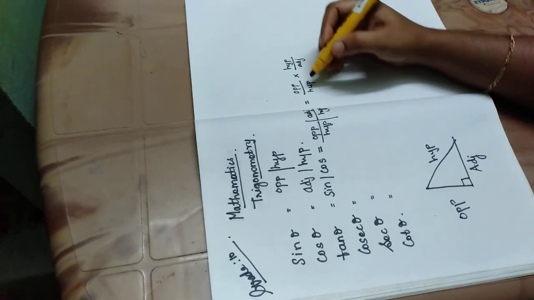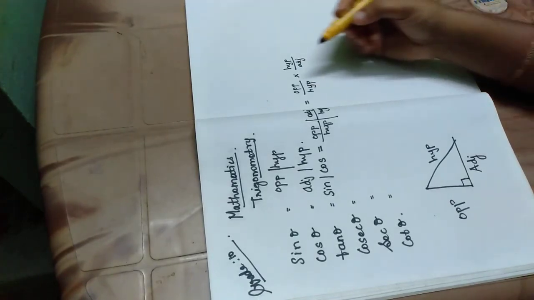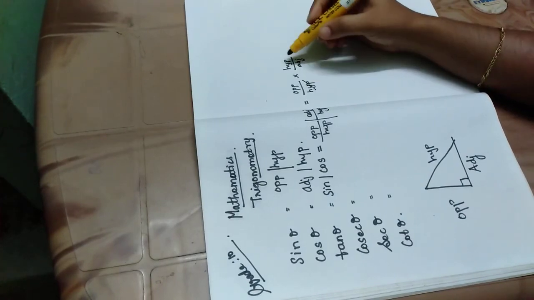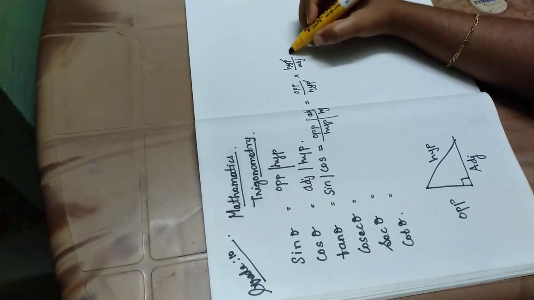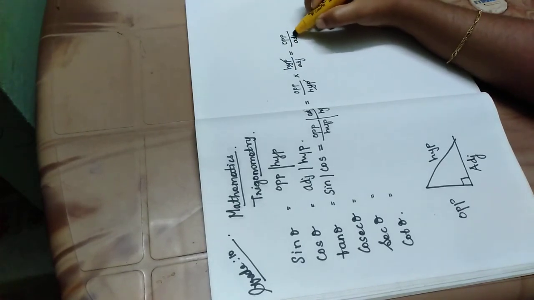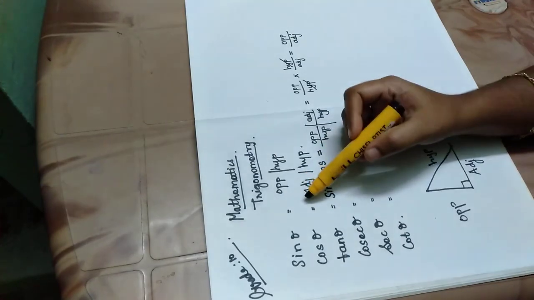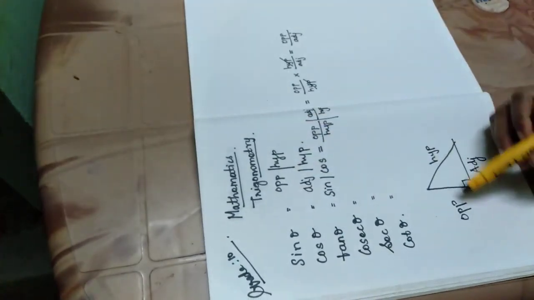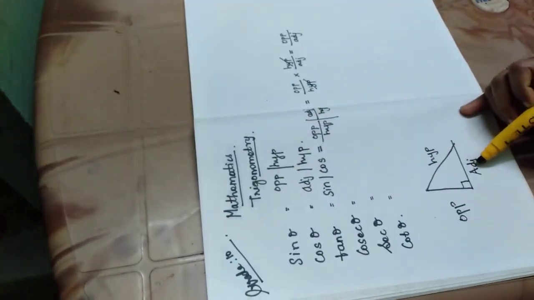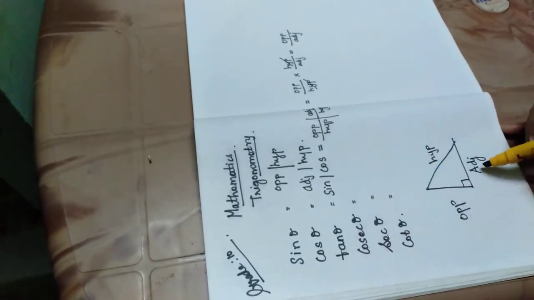Check whether you can cancel anything: hypotenuse and hypotenuse cancel. So sin is opposite by hypotenuse, cos is adjacent by hypotenuse, and tan is opposite by adjacent.